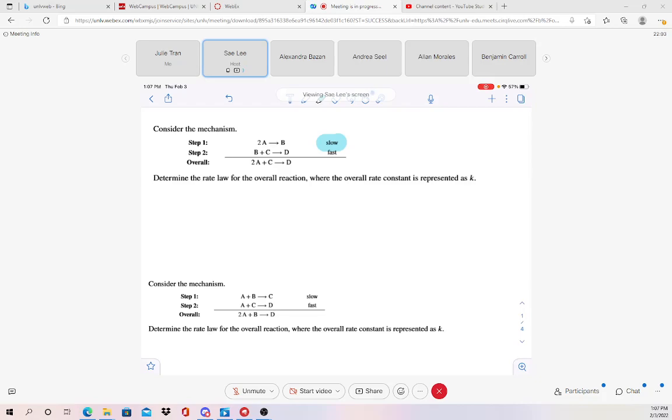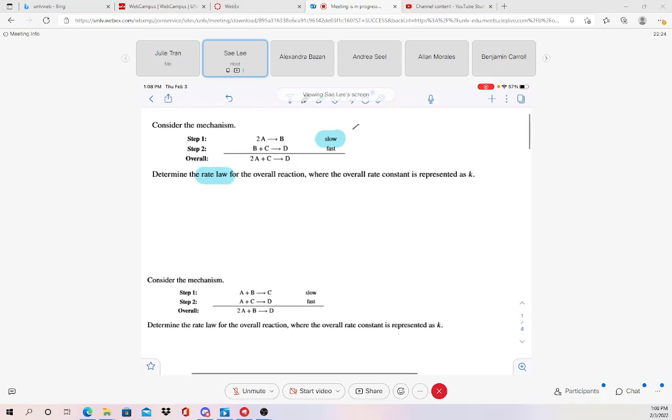So your overall reaction rate is going to be governed by this slow reaction. That's what we know from chapter 14. So the question is asking us to determine the rate law for the overall reaction. Again, the overall rate law is going to be the rate law from the slow reaction, which is step 1.